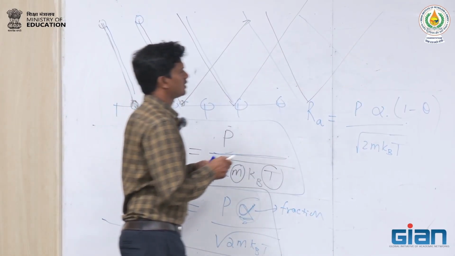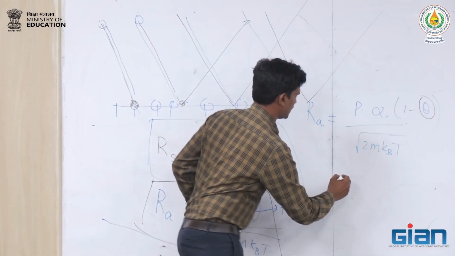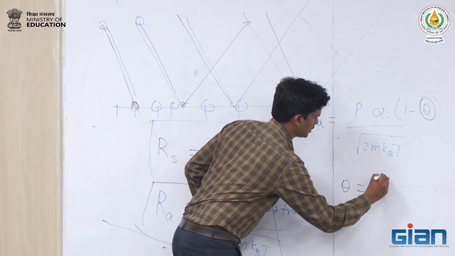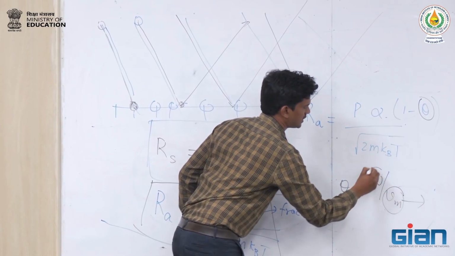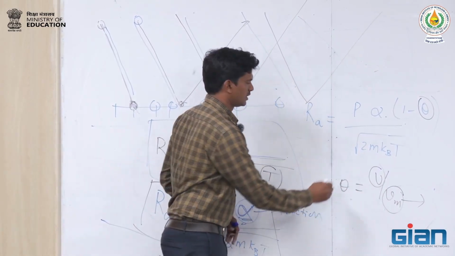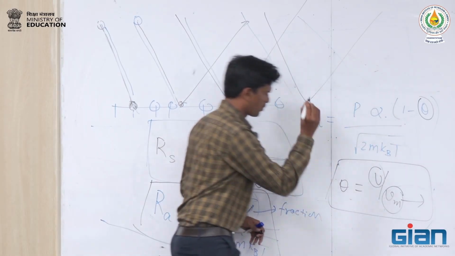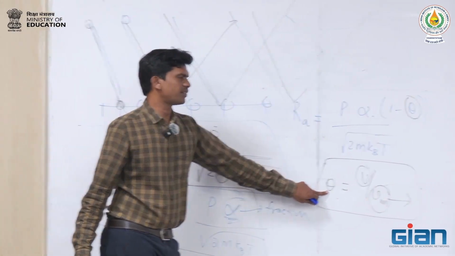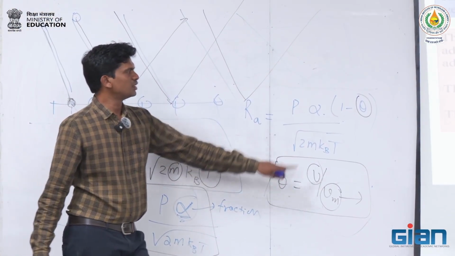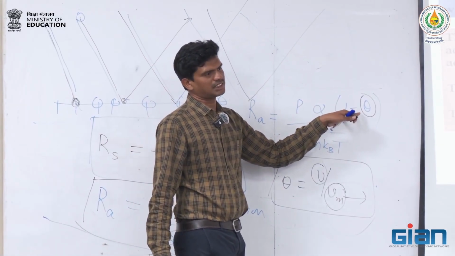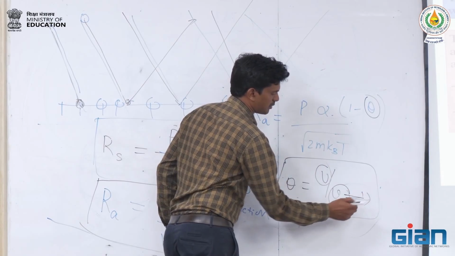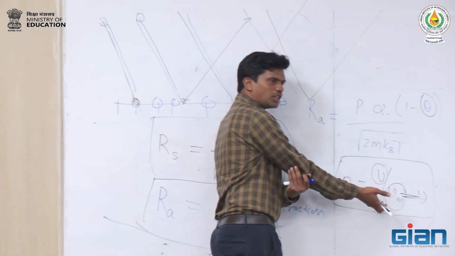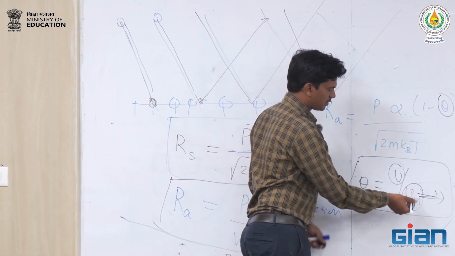This theta, which we call something like this, is the occupied sites over the total number of sites. So this is the total number of sites, and this is the occupied sites. So this is the remaining. So theta is the fraction of occupied sites. So 1 minus theta is the available sites, right? Although I said it in terms of volume, you can also express it in terms of sites.